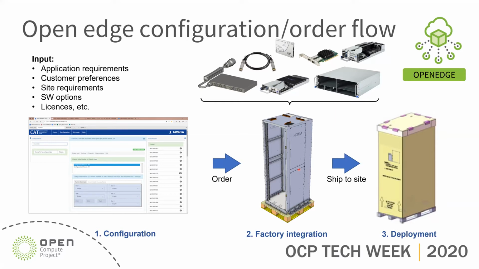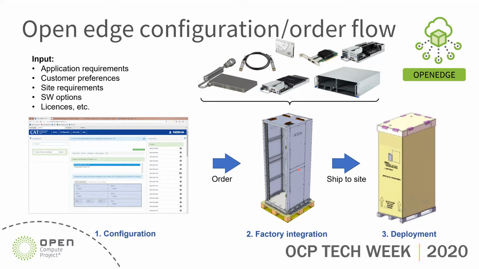Site requirements are very important, like what comes to power feed. Power feed can be adapted to whatever is available at any site. That's done by the PDUs. I'll come to that later on.